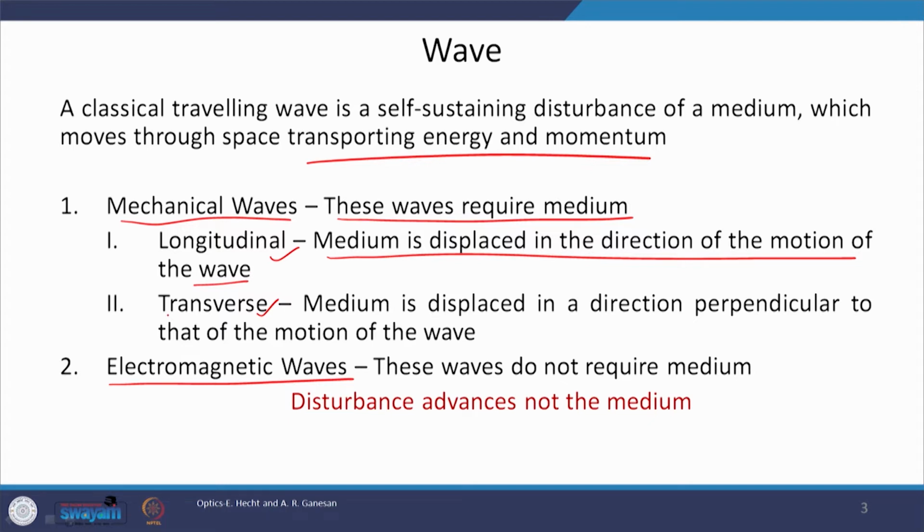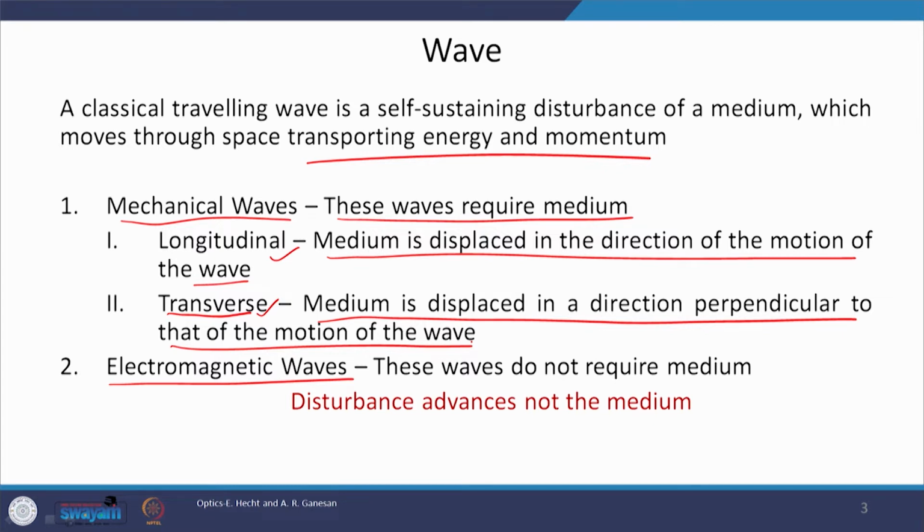Now, the second kind is the transverse wave. In transverse wave, the medium is displaced in a direction perpendicular to that of the motion of the wave. If you drop a pebble in water, it will generate water waves, and this surface wave will make the water move up and down, and the wave propagates radially outward.